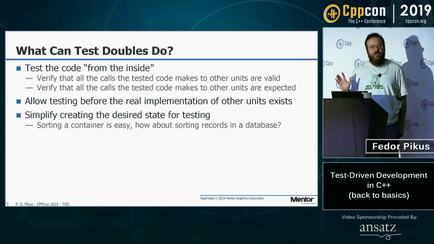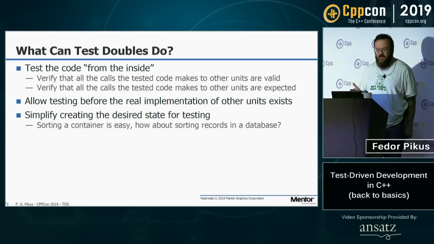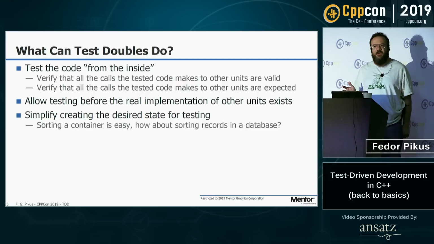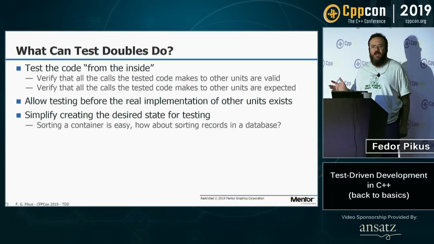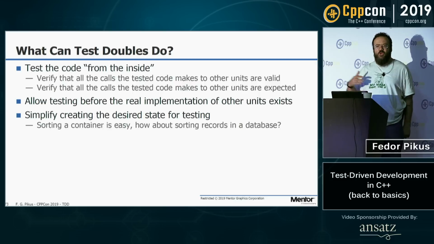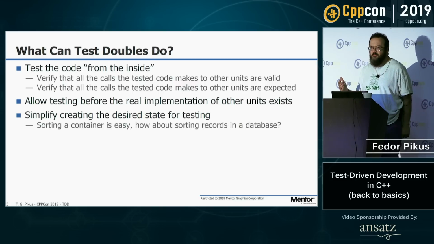Maybe you don't have the dependencies yet. Well, array, of course you have the array. I might want to test the Sudoku solver before I actually write the Sudoku puzzle class, so I may have a fake puzzle. Probably isn't worth it in this case. But testing, let's say, communication to the database before you write the real database may very well be worth it. Fake database.